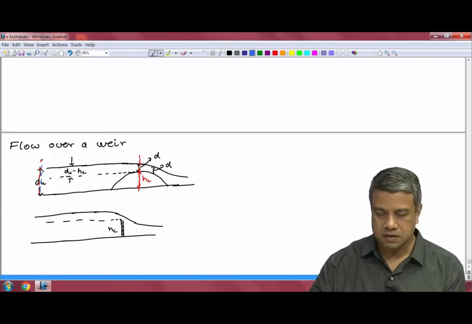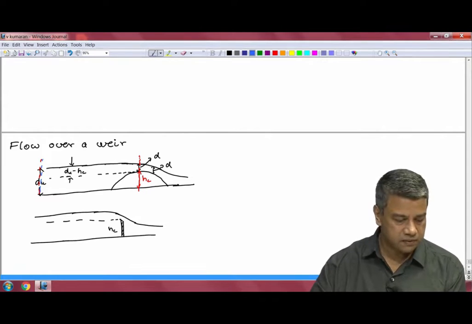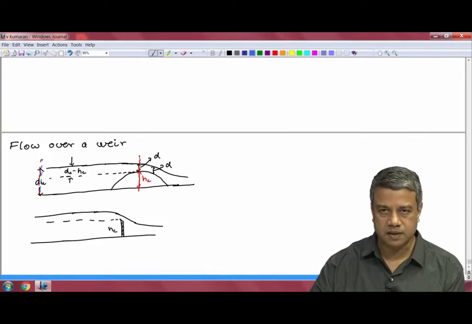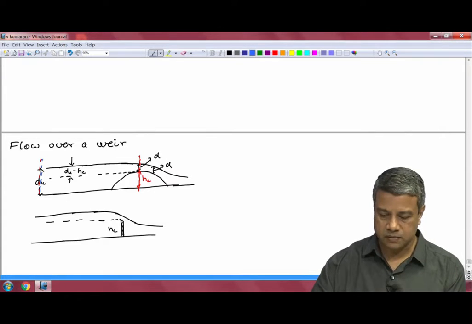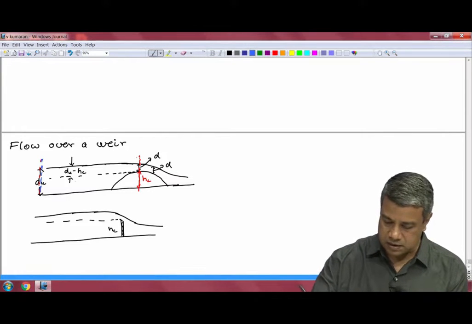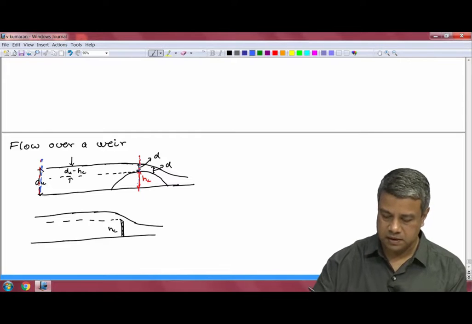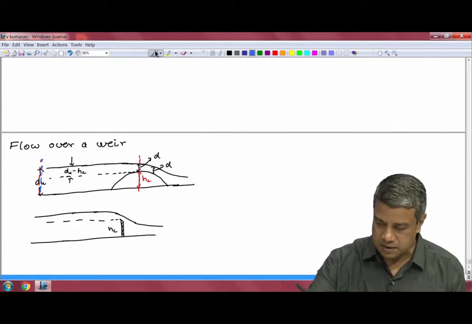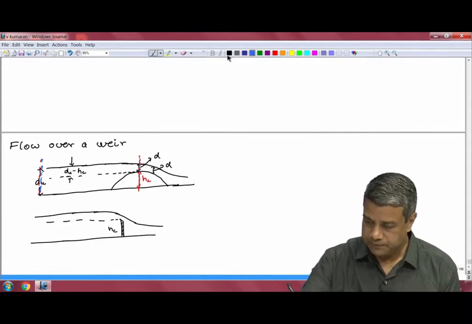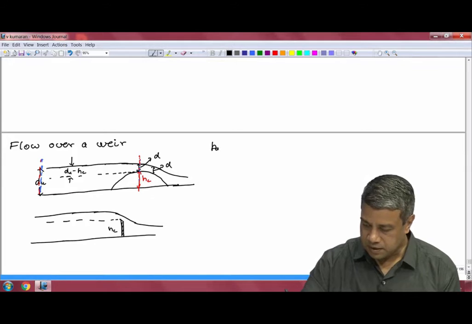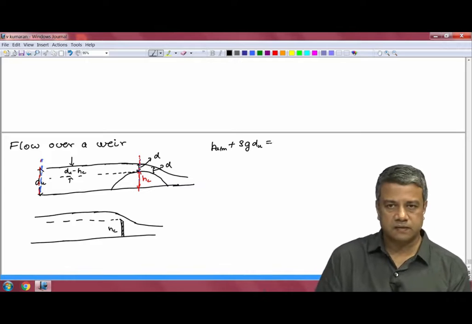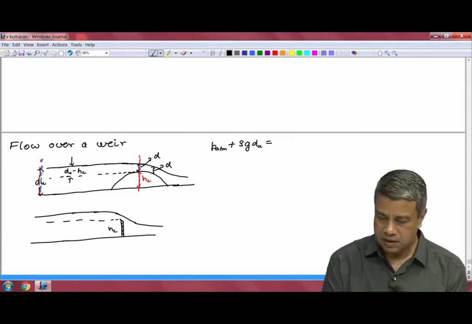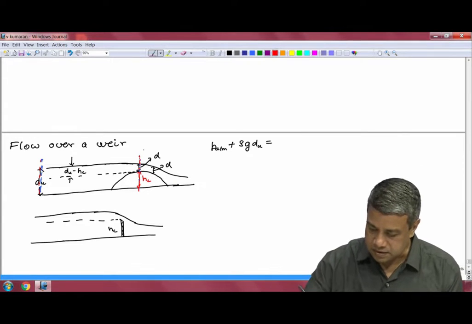So, if we assume that the velocity is 0 far upstream and write the Bernoulli equation between this location and this location. Far upstream, I have P atmosphere plus rho g times du. At this location the velocity is non-zero.